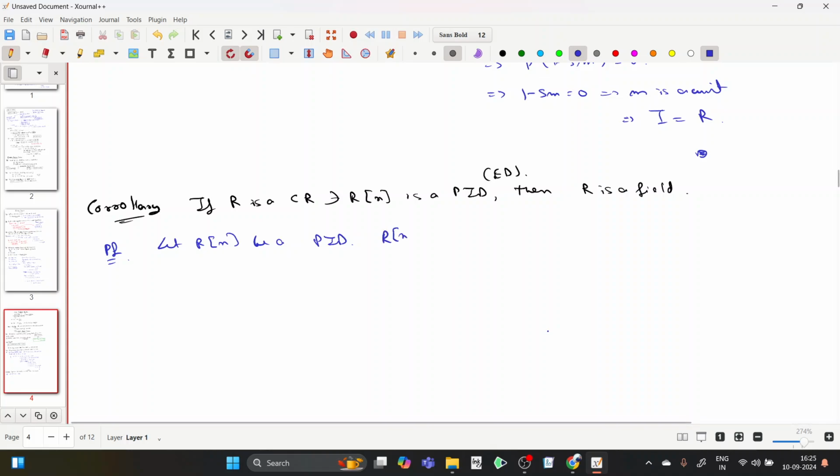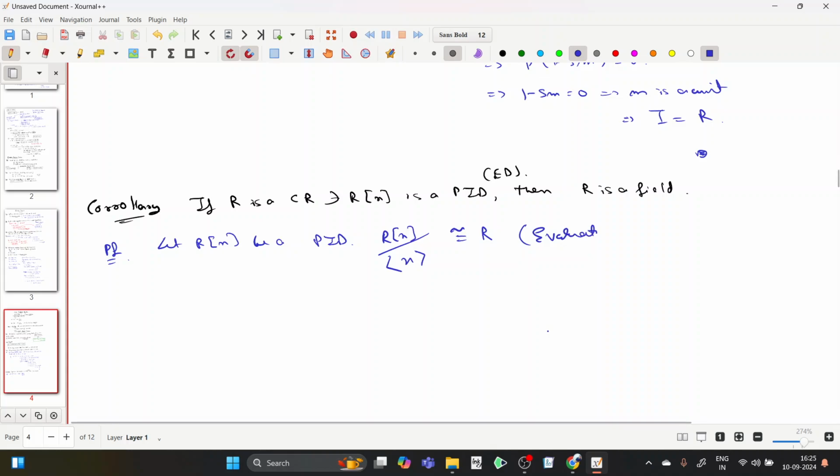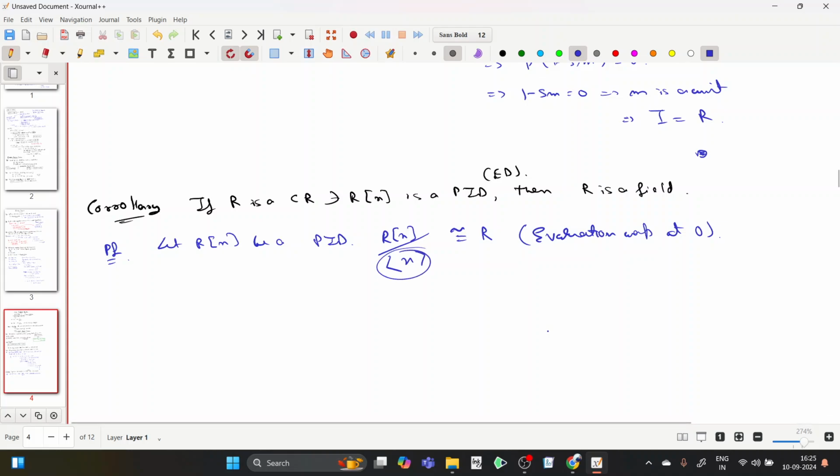I can simply talk about the quotient ring R[x] mod the ideal generated by x, where x is just the polynomial f(x) equals x. We know that this is isomorphic to R. This directly follows from the evaluation map at 0. Now this is a non-zero prime ideal.